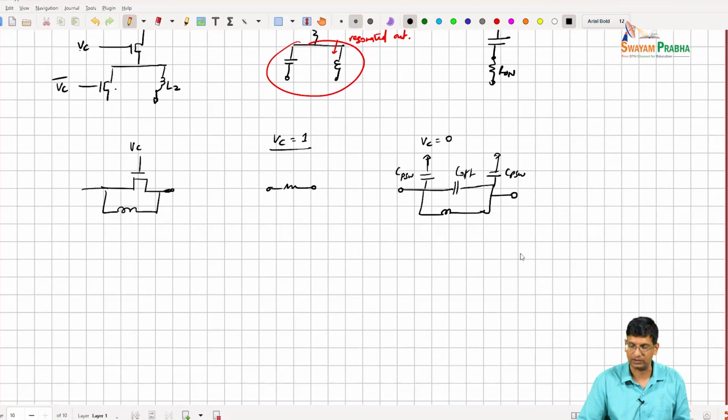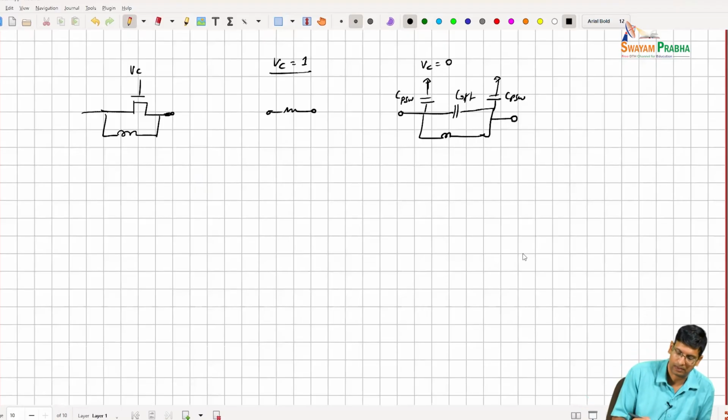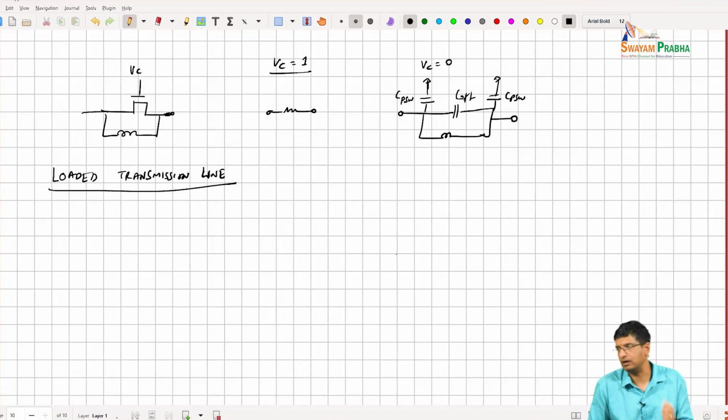And then we will just consider the last passive phase shifter that we are going to talk about, which is just a loaded transmission line. So we already saw with a slow wave that I can adjust the velocity of the transmission line by changing the phase.